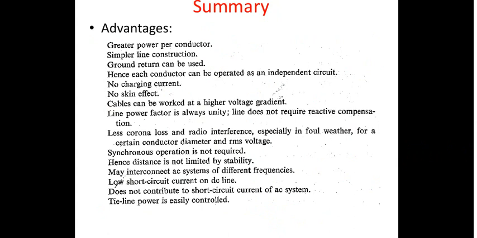And in comparison, for the same amount of power to be transmitted, whether HVAC system or HVDC system, the converters in the HVDC systems are definitely very expensive, and the operation is also quite complicated, right?